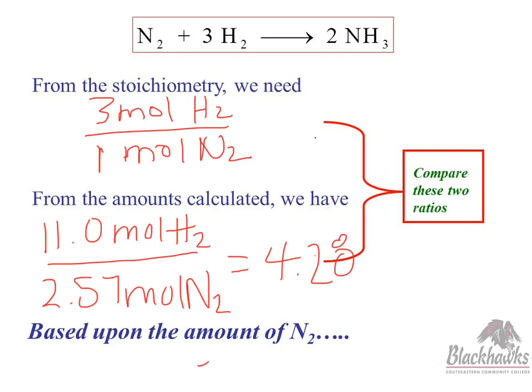What would you say with regard to hydrogen? Is hydrogen in excess, or are we going to run out of hydrogen first? Hydrogen would be in excess. Very good. Because you almost have enough for 4, while you don't even have enough for 3 for N2. So just write H2 in excess.